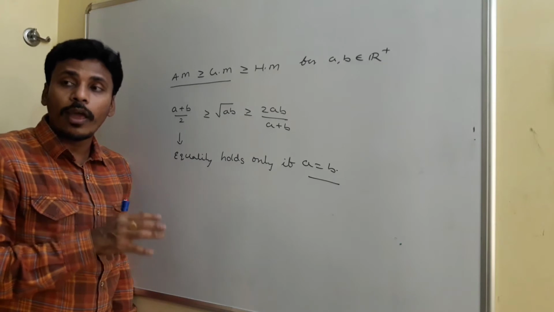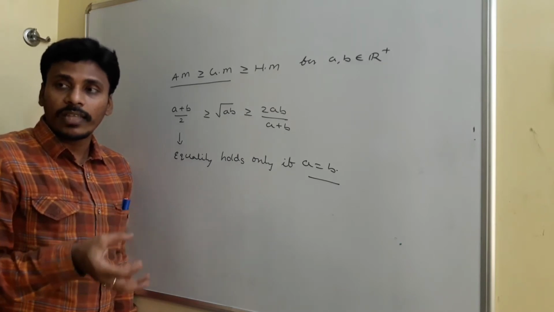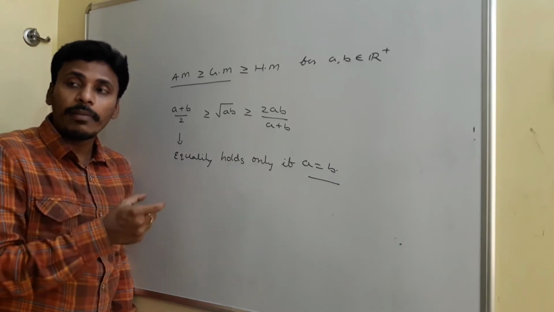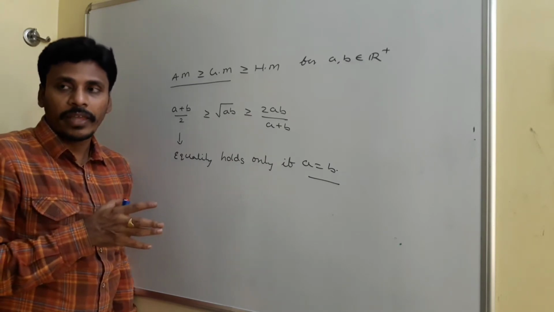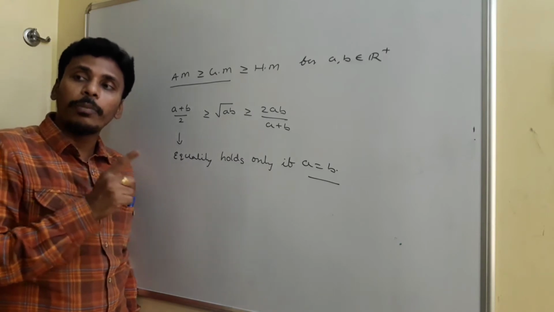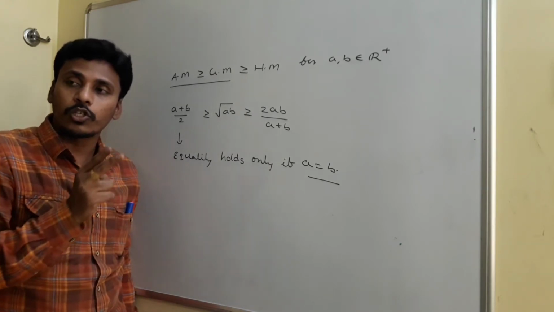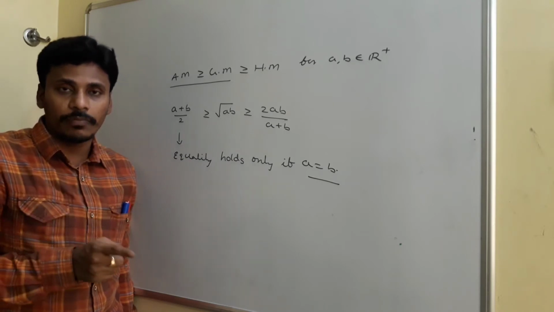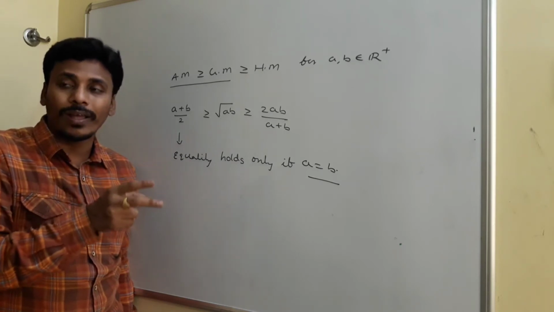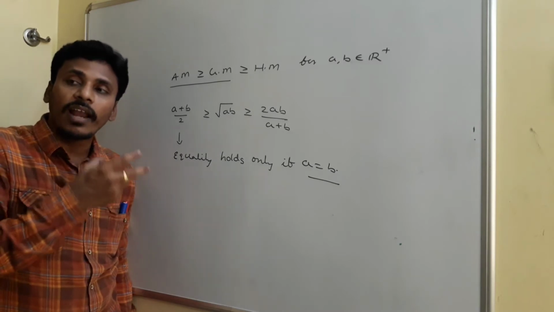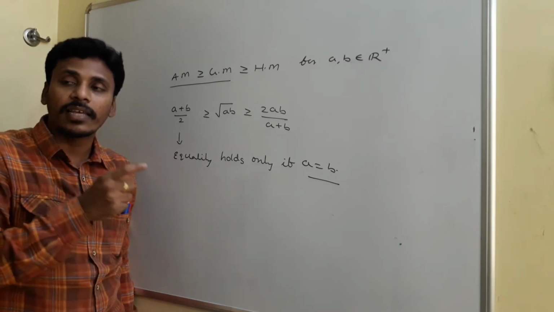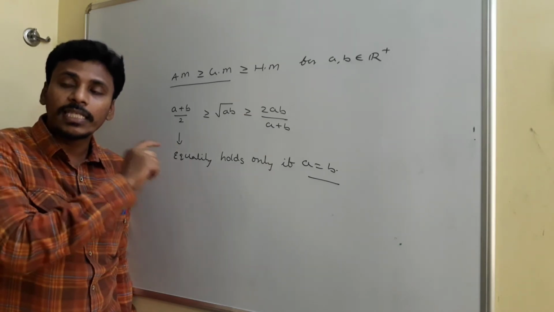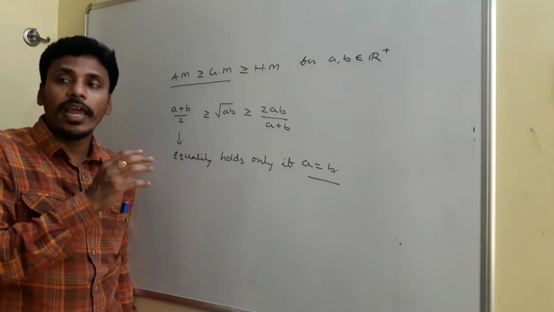But if we don't know about the values of a and b, whether they are equal or different, then we need to say that AM is greater than or equals to GM. Again, I am repeating. If a and b are equal, AM is equals to GM. If a and b are different, AM is greater than GM. If you don't know whether a and b are equal or not, then the generalized statement is that AM is greater than or equals to GM. Is it right? And you need to apply this inequality if a and b are positive.